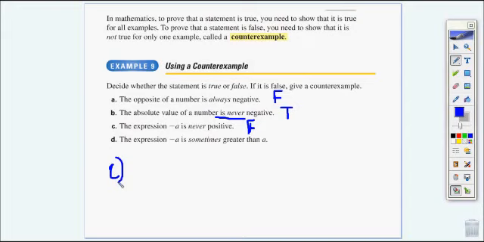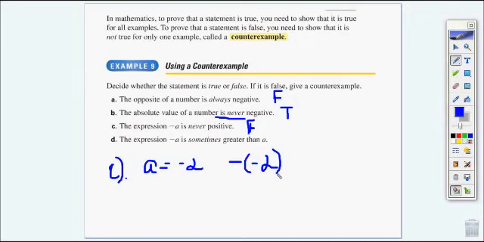So for letter C, I'm going to prove the counterexample. If A started out to be a negative 2, then negative A would be a negative of negative 2.